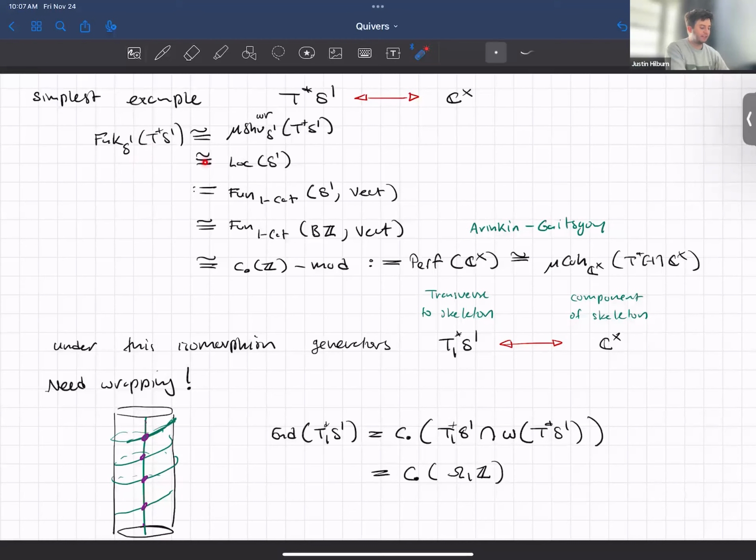And this hyper-Kähler category in this case can be modeled by the wrapped microlocal sheaves on T*S1, or just the local systems on the base, on the skeleton.